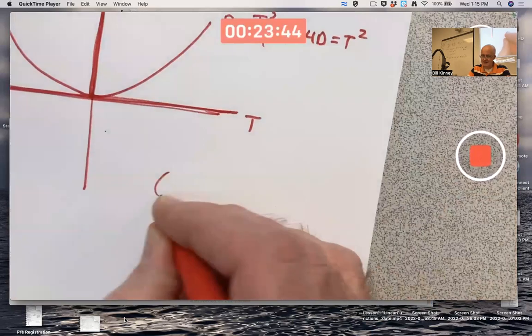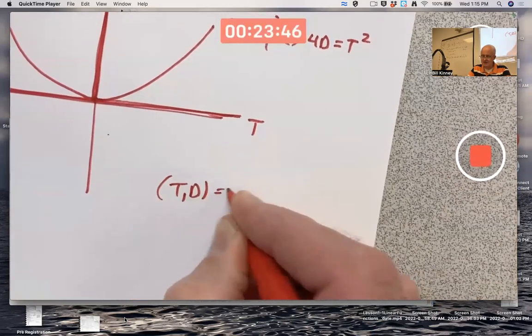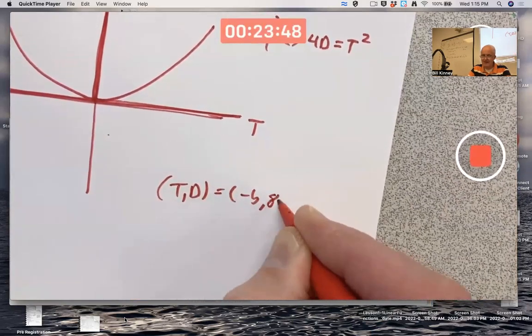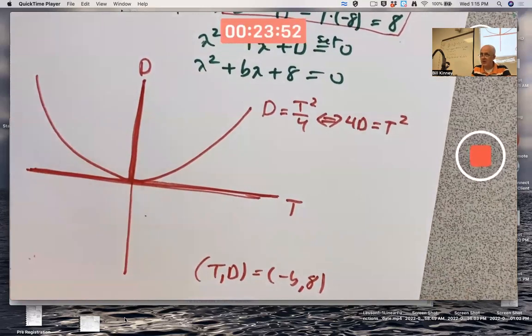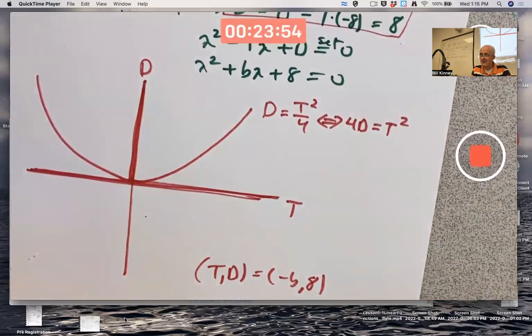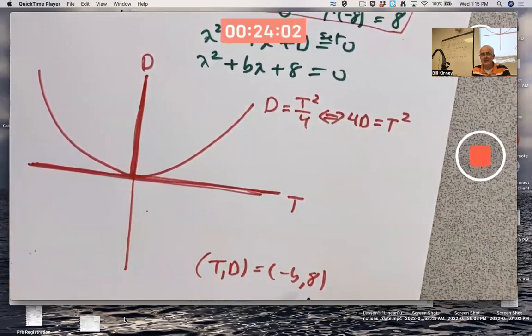Let's write it down here. T comma D equals negative b comma 8. As b varies, this traces out a curve in the plane. Very simple curve in this case, a horizontal line. Because d is the second coordinate, 8, it's constant.